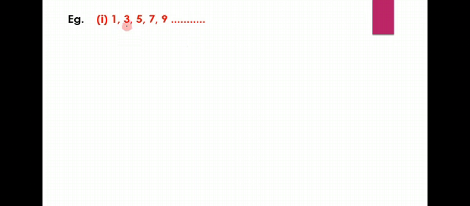Here I am taking the difference between these two terms: 3 minus 1 is 2. The difference is 2, the difference is 2. So the difference between two successive terms remains the same everywhere in this sequence. So this sequence is said to be an AP.